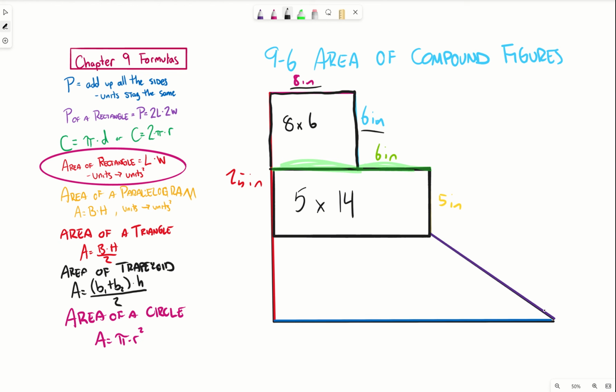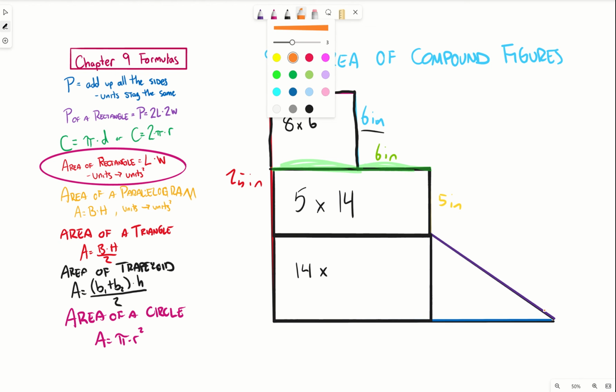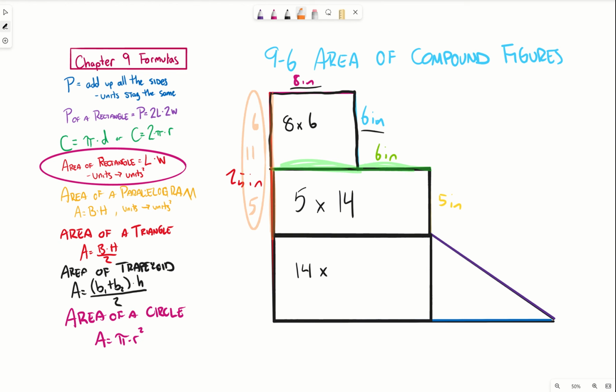We know that this rectangle down here is going to be, again, the same width, so we know it's 14 by, so this is where we have to do a little bit of figuring out. We know that this height here is 5. We know that this height here is 6, so this is a total of 11. And the whole total is 25.